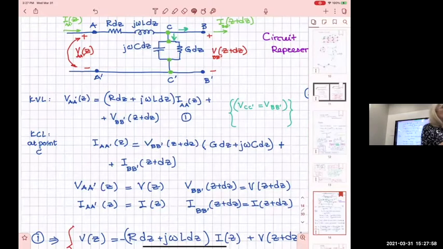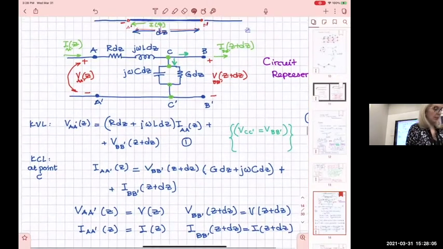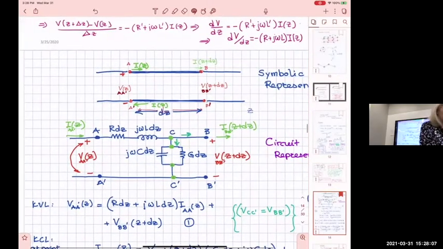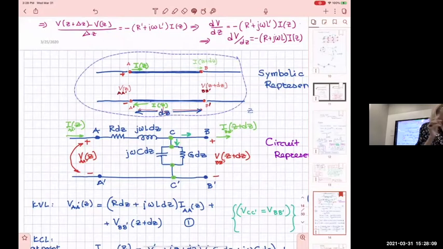So they do belong to the same function. If you have one voltage function of z for the line, then V_AA prime is that voltage at z, and V_BB prime is that voltage at z plus dz.